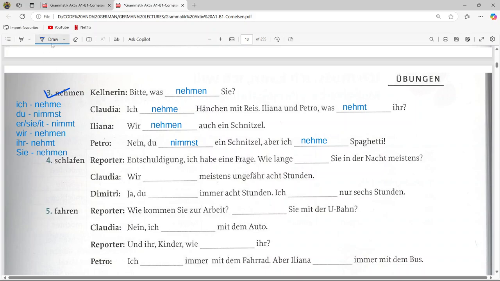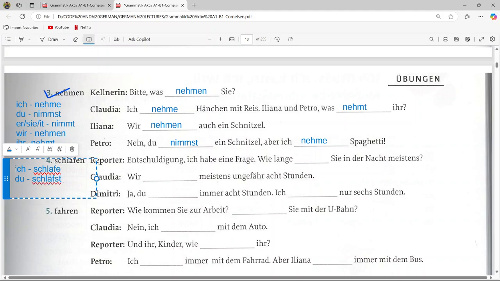Next one, the verb is schlafen. So let us see the conjugation with schlafen. So for ich it is schlafe, no problem. For du it is schläfst. The a changes to this form, umlaut a. Okay.